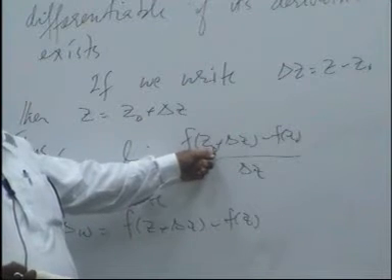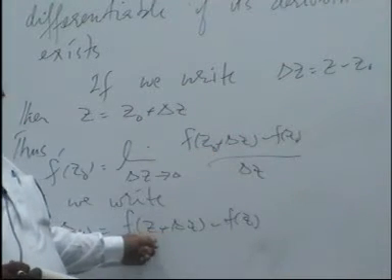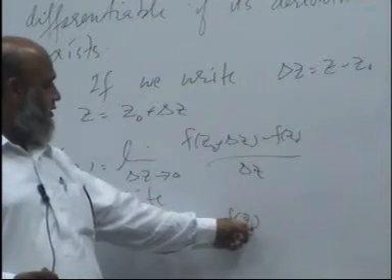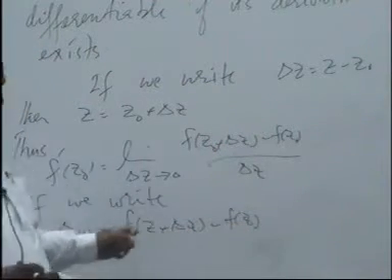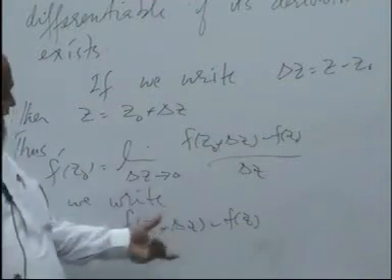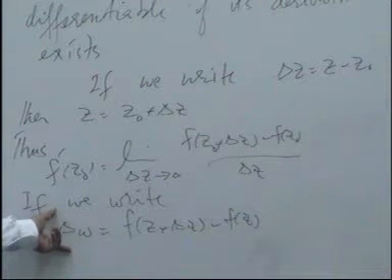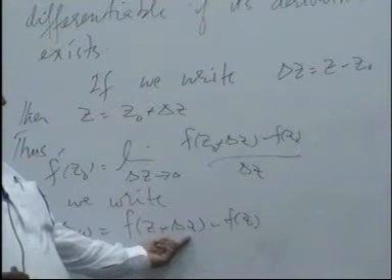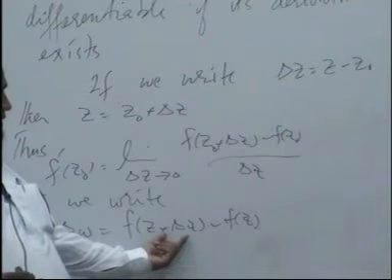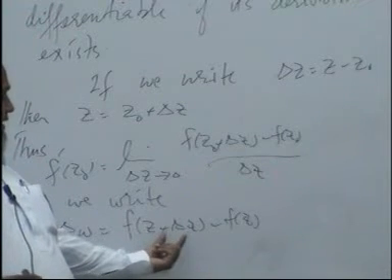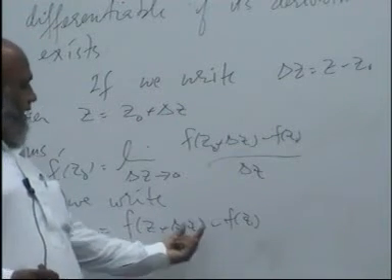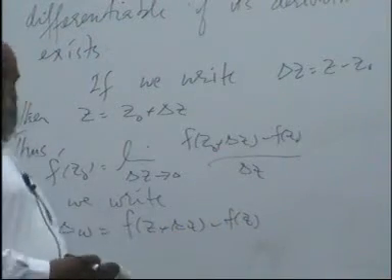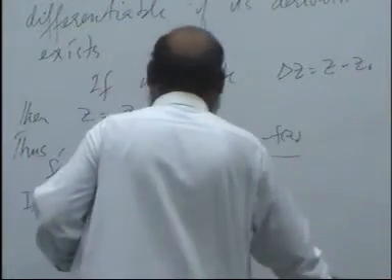If we consider any point in the plane, that is z and z plus delta z, so z naught is replaced by z. This change, represented by delta w, is the difference of the two values: the value of the function at z plus delta z and the value of the function at z.